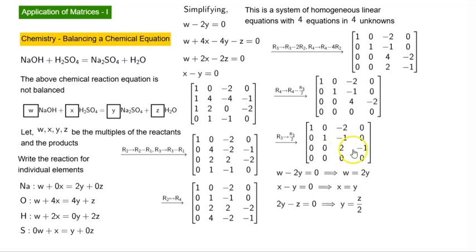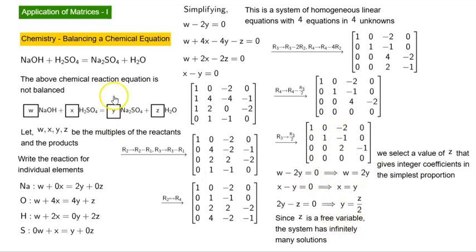Third row, 2y minus z equal to 0, which implies y is equal to z by 2. Now, z is going to be a free variable. So since we have z as a free variable, the system has infinitely many solutions. Because for any value that we take for z, this system is satisfied.